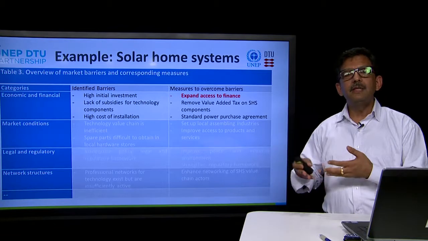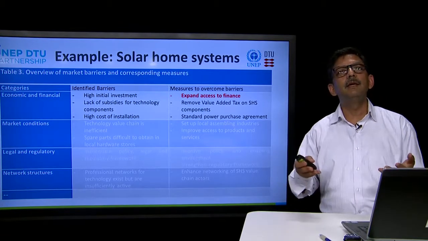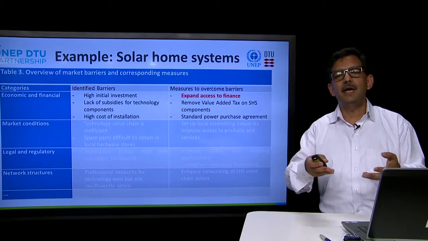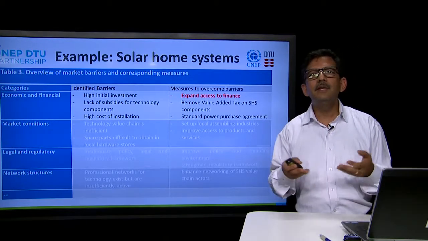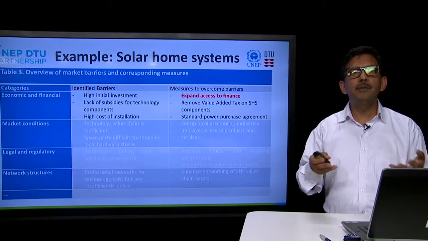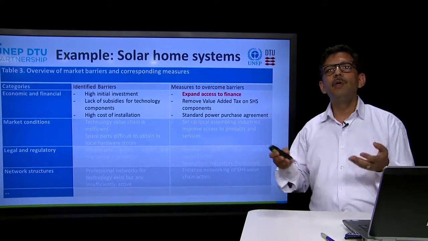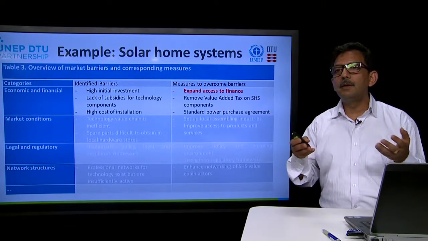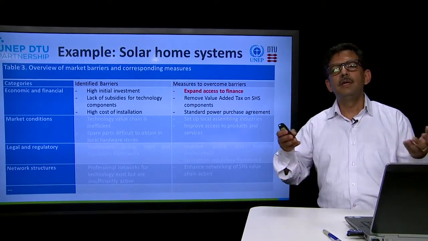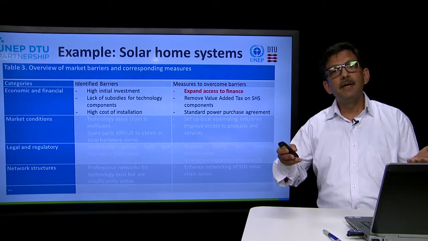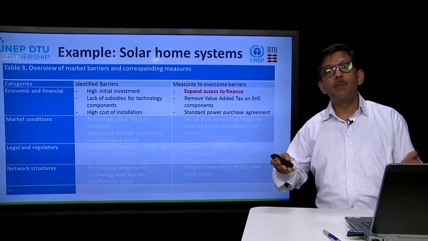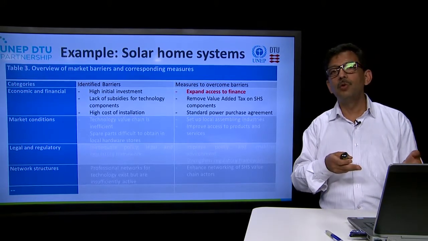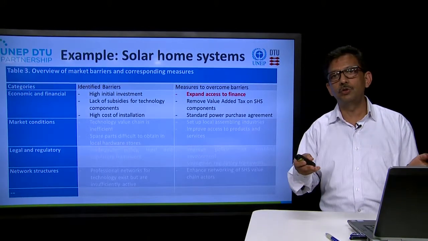Now when this discussion is taken within the country on these 3 majors, the first is easily acceptable to all the stakeholders, but when the discussion comes to the second major, which is dealing with removing value added tax on solar home systems, one of the stakeholders, for example the Ministry of Finance, is very much worried about the implications of withdrawal of value added tax on solar home systems, so they take a strong opposition to this.